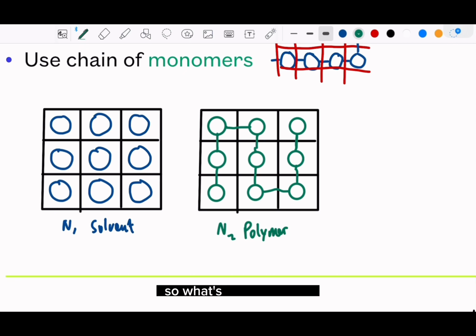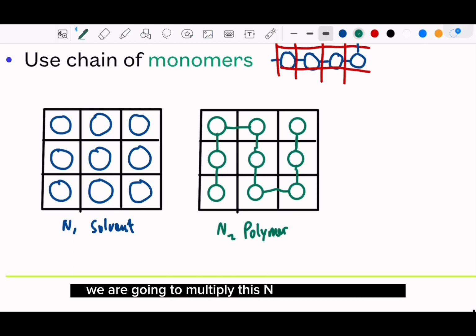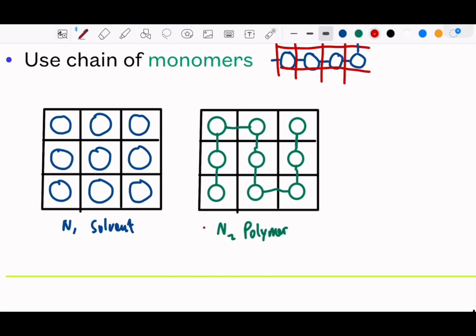So what's the difference? The difference is we are going to multiply this n for polymer with x. So x will be the number of monomers in chain.